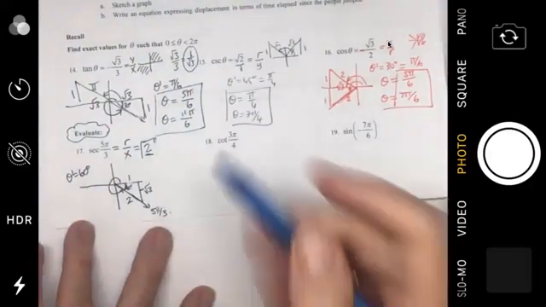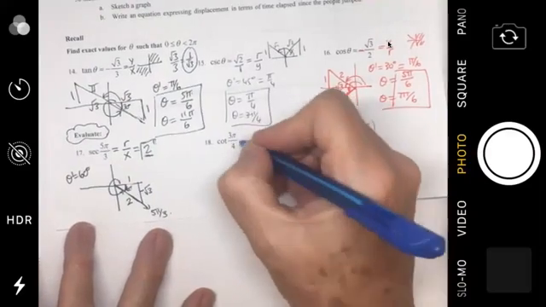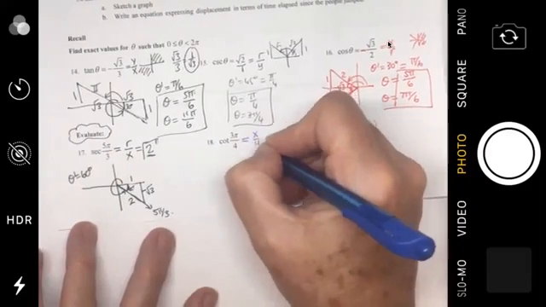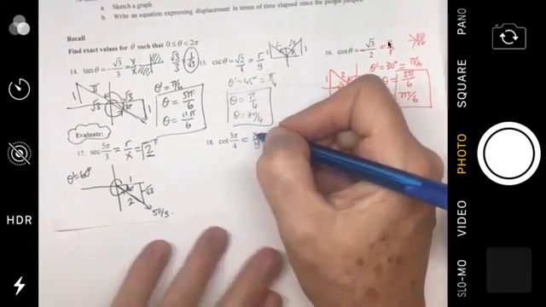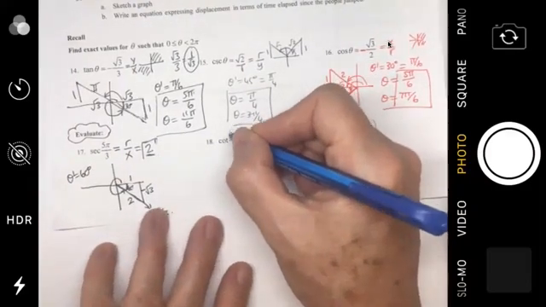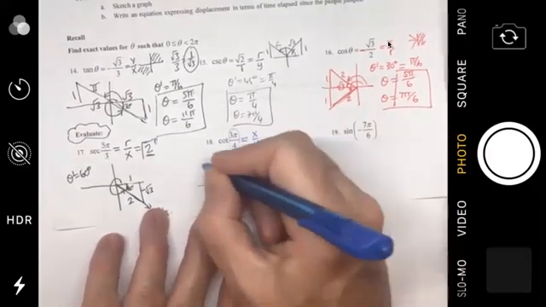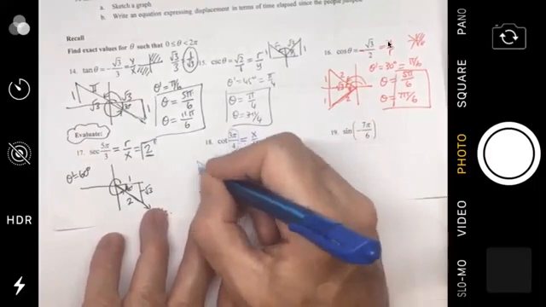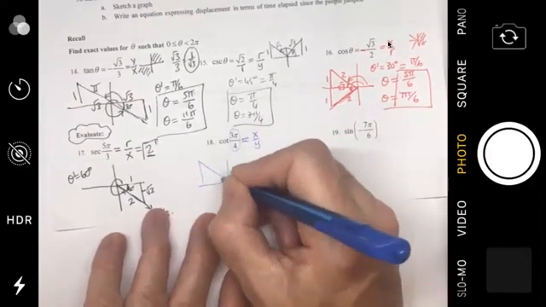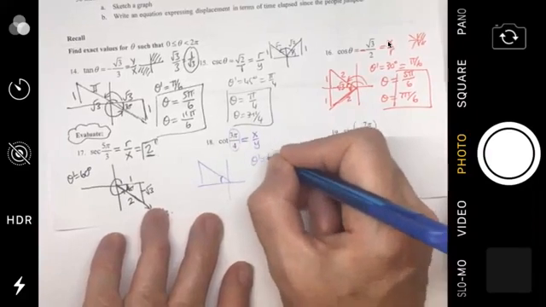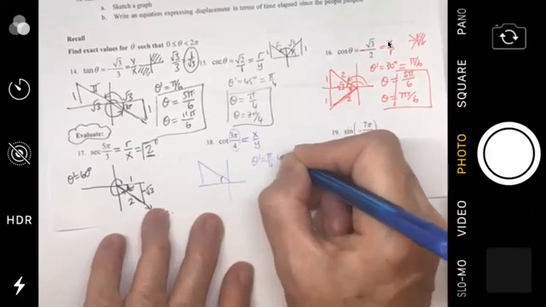I don't know. Cotangent 3 pi by 4, I'm going to want the ratio of x divided by y, so I need a triangle for that. So I'm going to draw a triangle based on 3 pi over 4. 3 pi over 4 is in quadrant 2, and that's based on pi by 4 as my reference angle, which I know is 45 degrees.